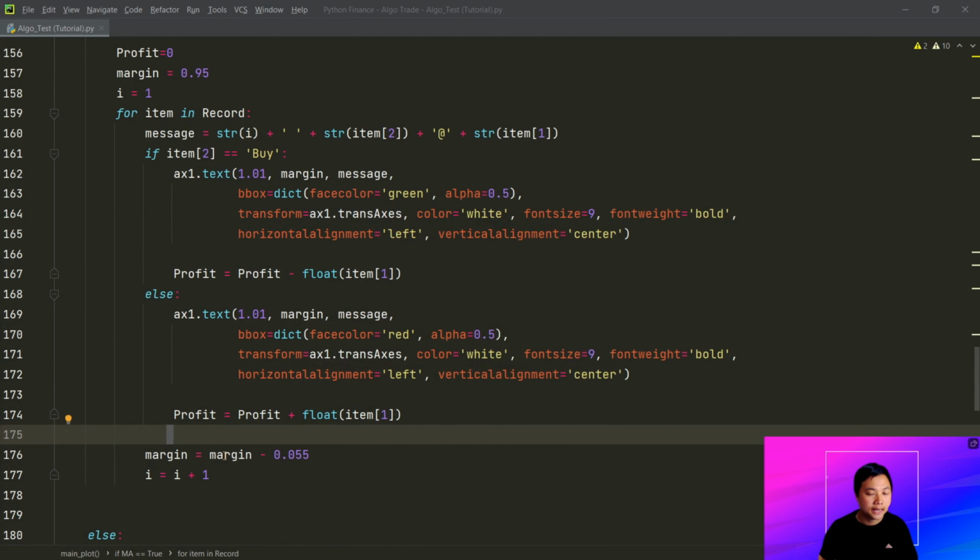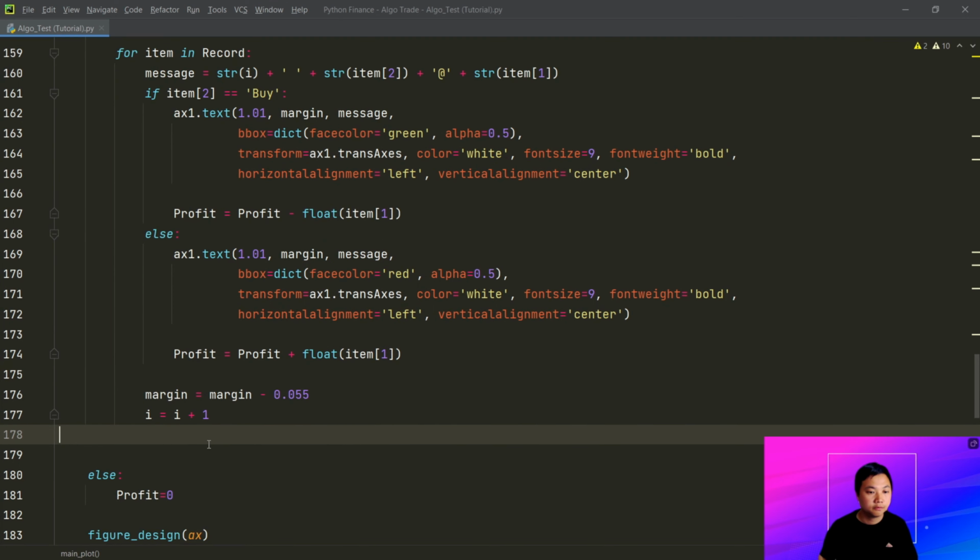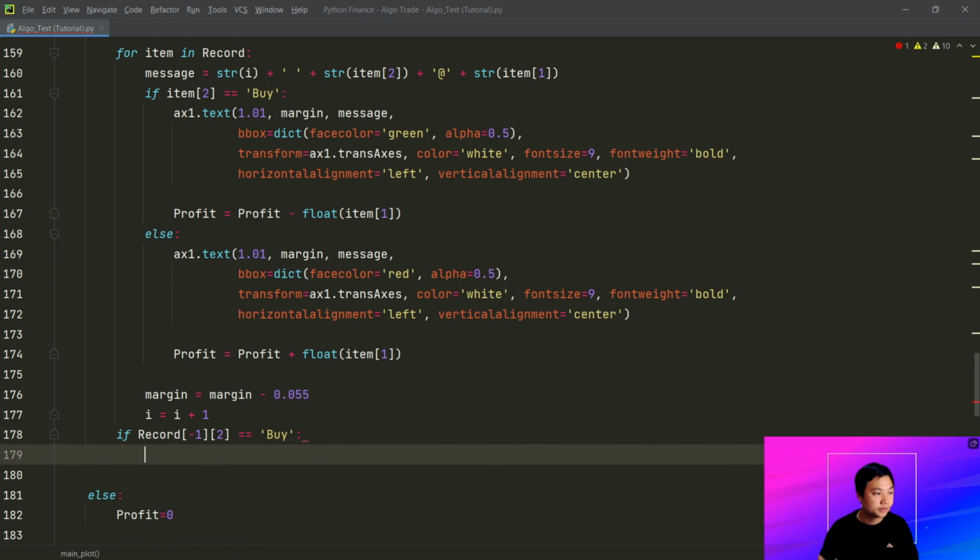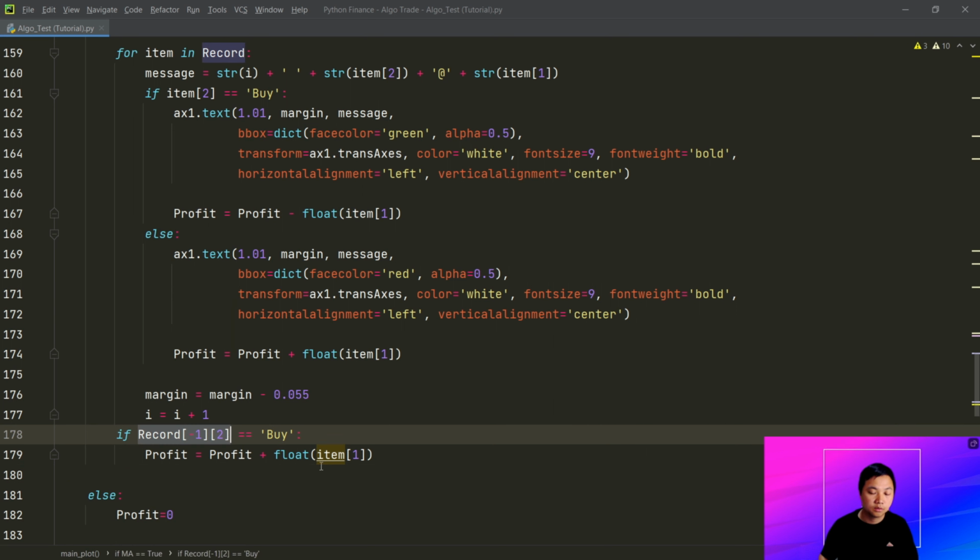So how do I do that? If the record in the last trade is a buy signal, it's a buy action. In that case, I will just use these profit calculations to offset these results.